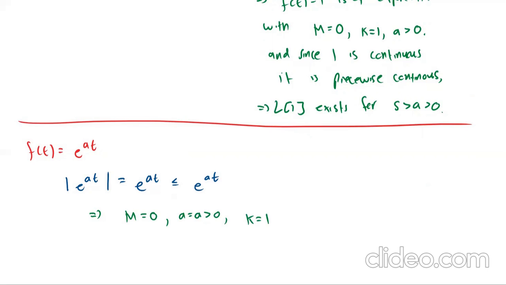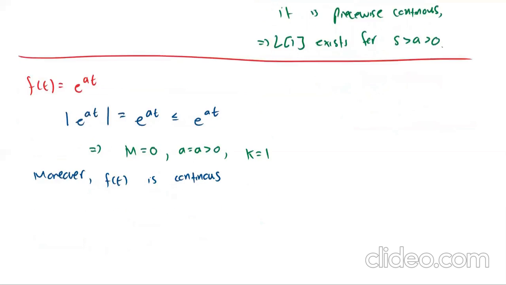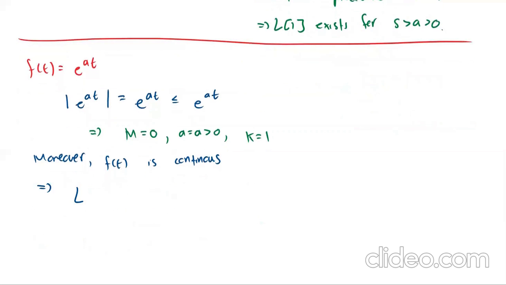We know it's continuous. And the result follows, which implies the Laplace transform of e to the at exists for, in this particular case, s greater than a greater than 0.